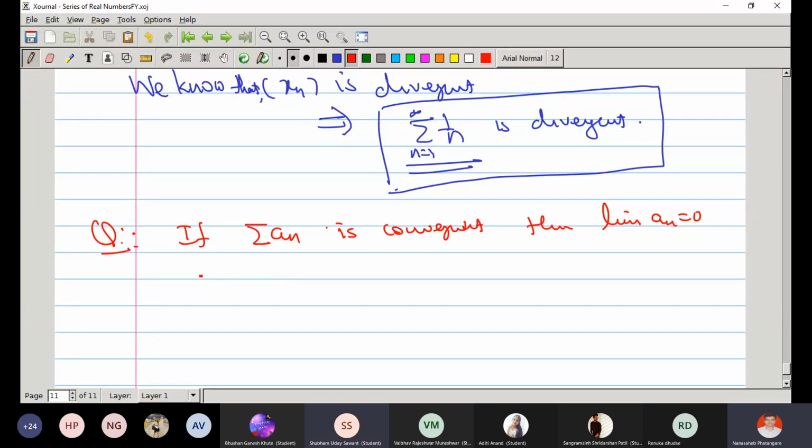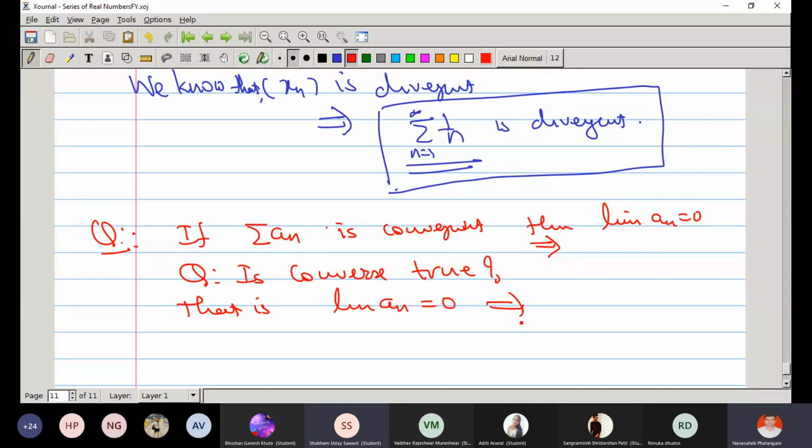Yes, sir. My question is, is the converse true? This is a one-way statement, implies, not the other way. What is the converse? That limit of an is equal to 0 implies that the series is convergent. Does this imply series an is convergent?